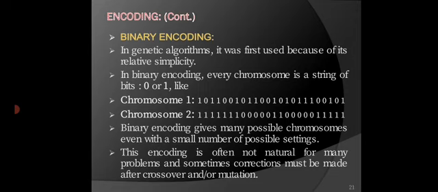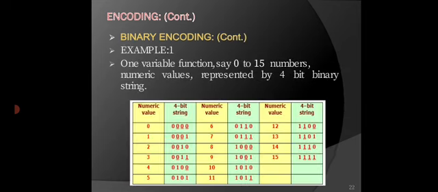Binary encoding gives many possible chromosomes even with a small number of possible settings. This encoding is often not natural for many problems, and sometimes correction must be made after crossover or mutation. Right? This is one example of how binary encoding is done.